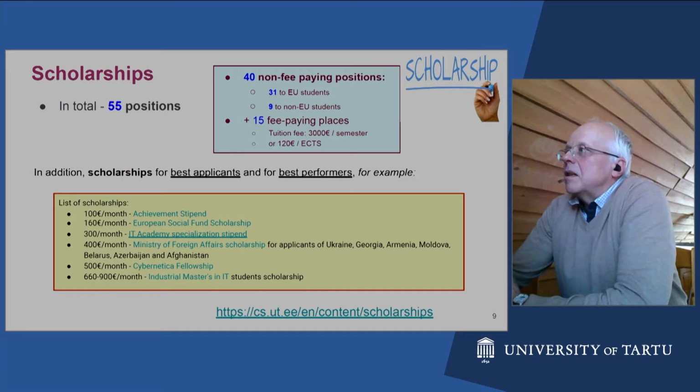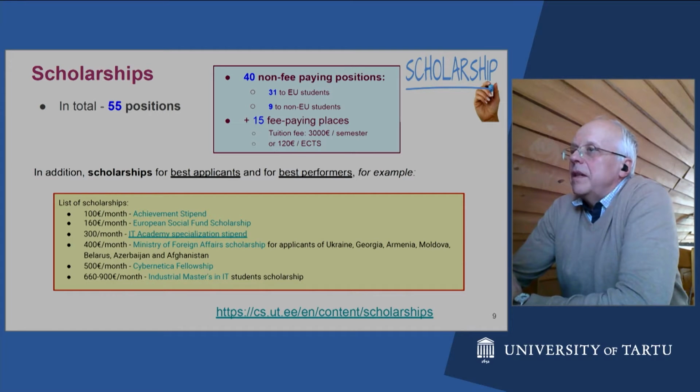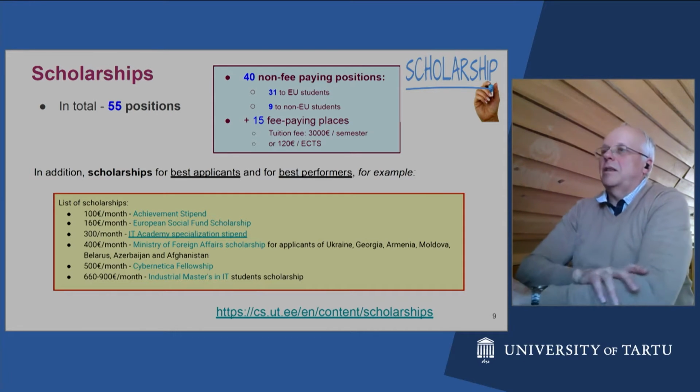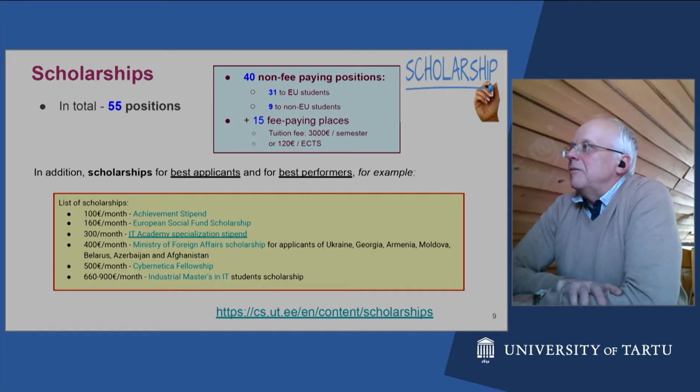It is arranged so that 31 of those are given to EU students and 9 to non-EU students. And in addition, there are 15 fee-paying places. So the tuition fee is 3,000 euros per semester, or 120 euros per ECTS.